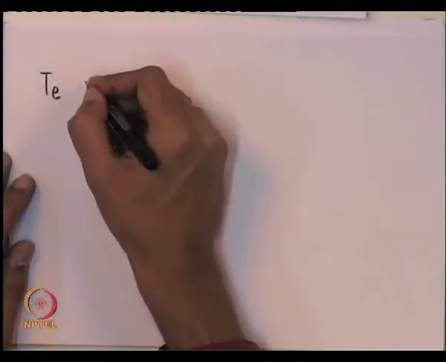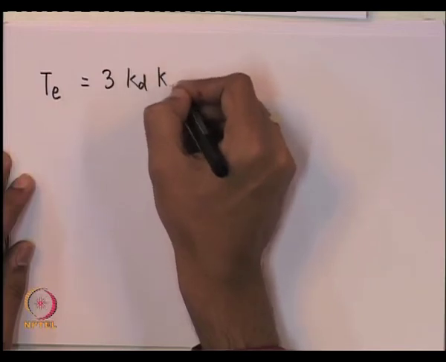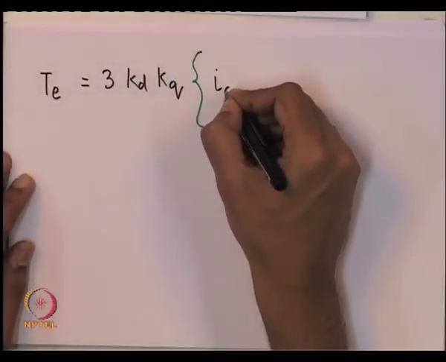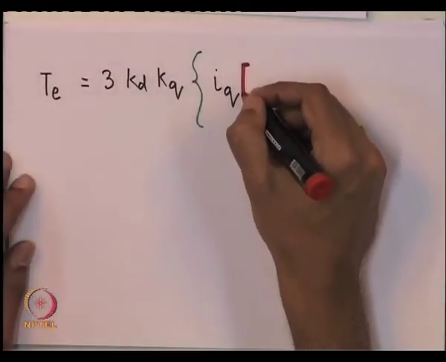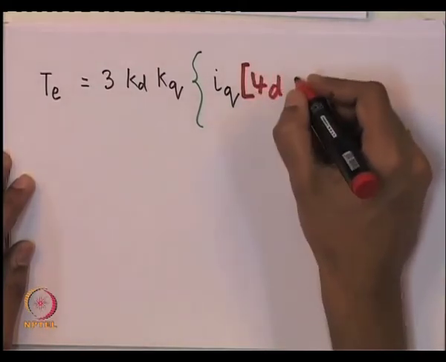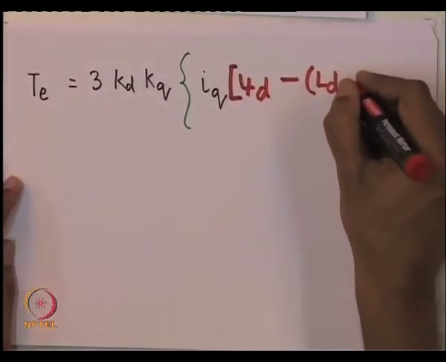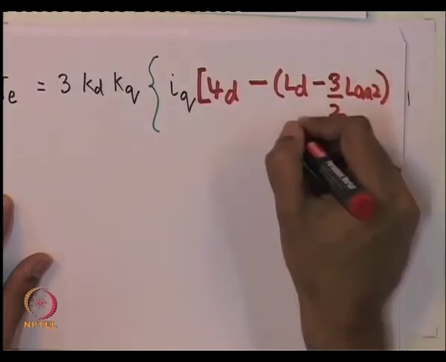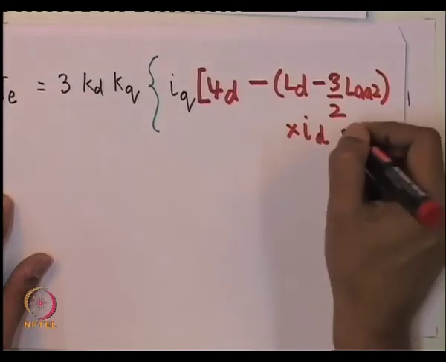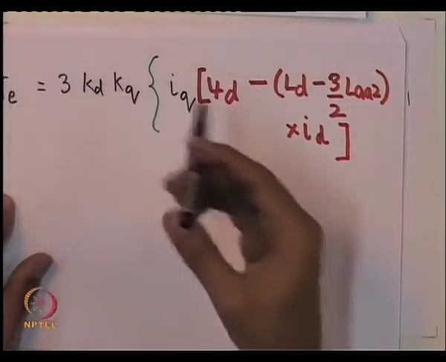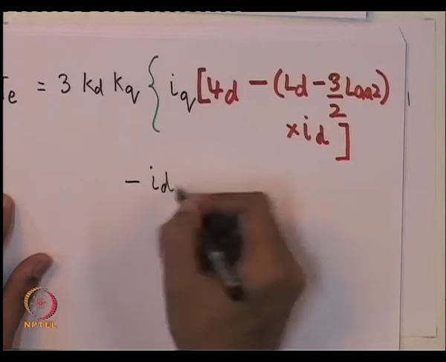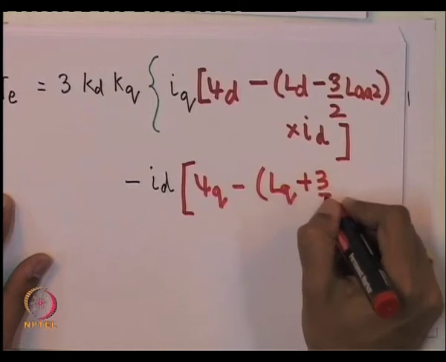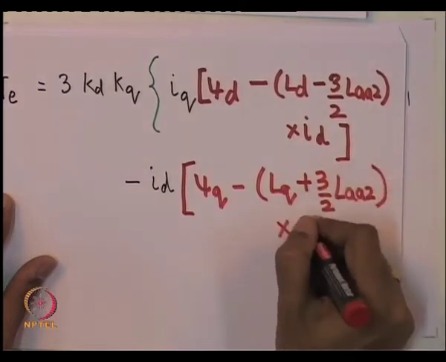You can rewrite T E is equal to 3 into K D into K Q into a curly bracket here into I Q into, we will put a square bracket here, psi D minus L D minus 3 by 2 L A 2 into I D, and I close the square bracket, minus I D into psi q minus L q plus 3 by 2 L A 2 into I q.